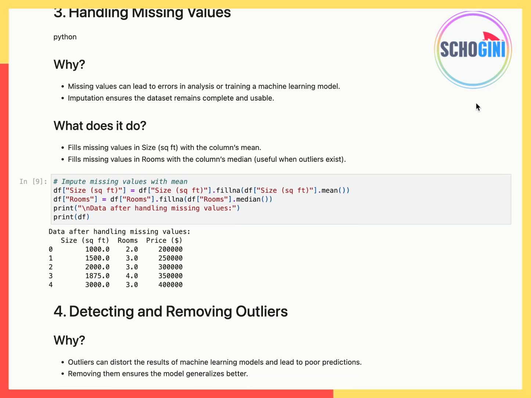I'm already seeing how this whole data preparation thing is a lot more nuanced than I initially thought. It is. It's not just cleaning and organizing. It's about understanding the relationships between those variables and making strategic choices to optimize our data for machine learning. It's all about setting the stage for success.